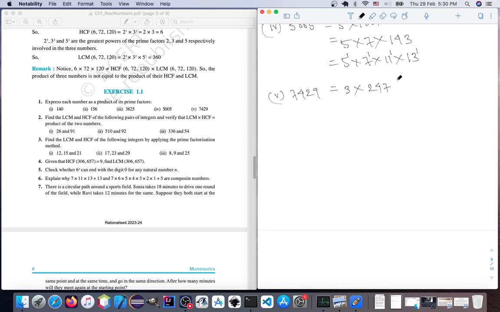No. 11, 66, 8, no. 82, 77, 5, no. Is 7429 a prime number? If it is so, then it will have no further prime factors. I will leave this.